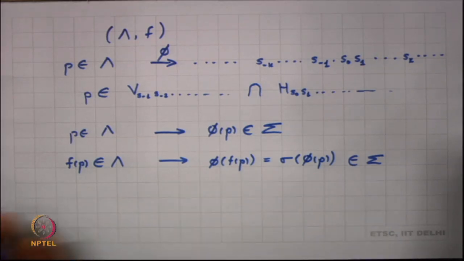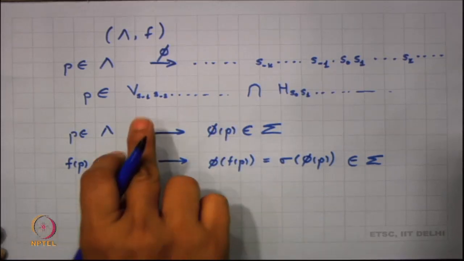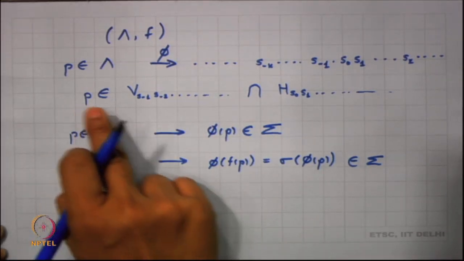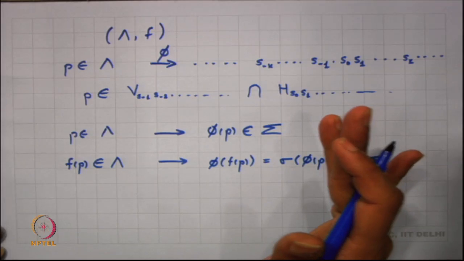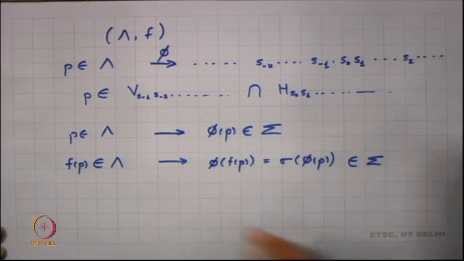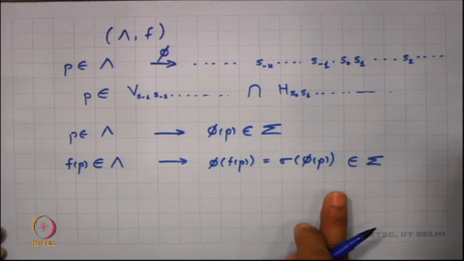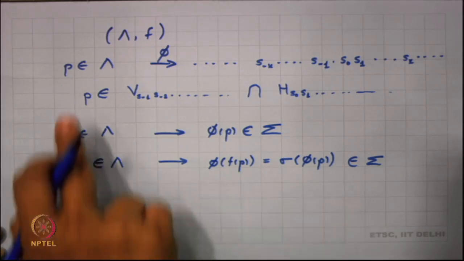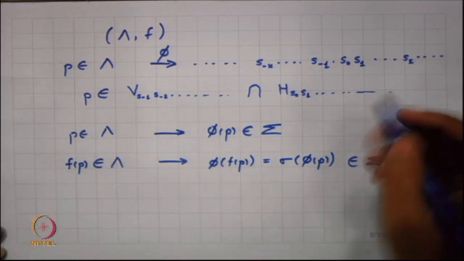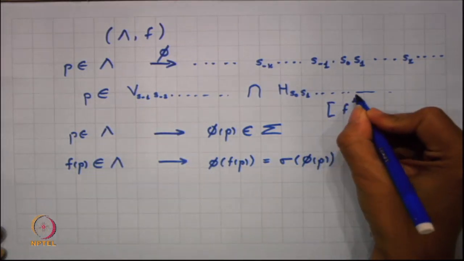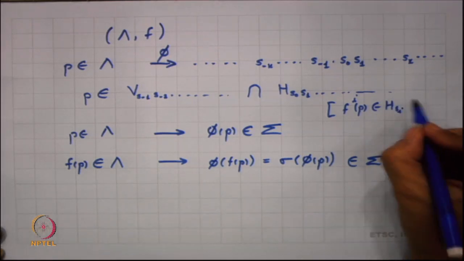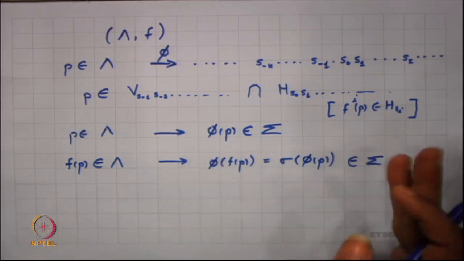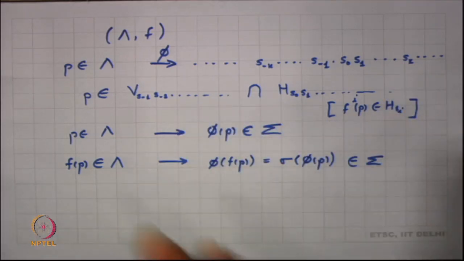Because what is Fp? Since we are just trying to take one step to the right, Fp lies as a point of intersection of a different vertical line and a different horizontal line, and that turns out to be nothing but, under the shift sigma, just moving one place apart. My P happened to be the set of all points such that F^i p belongs to H of S_i. So, if I take Fp, we are just shifting everything to the right.